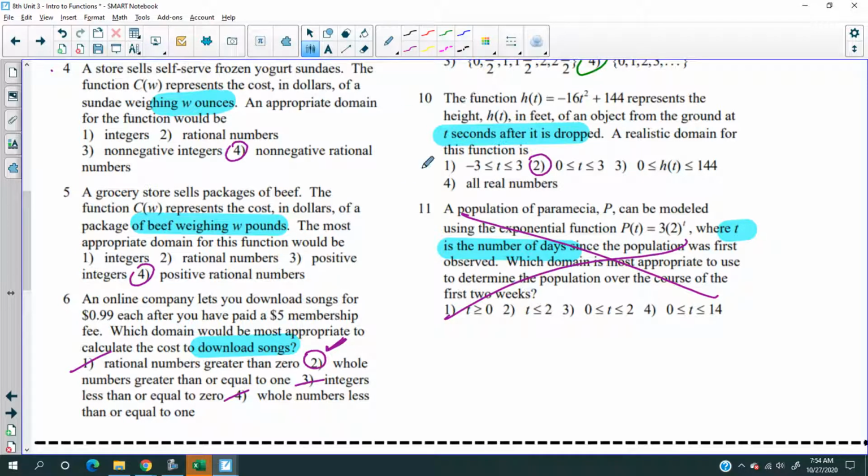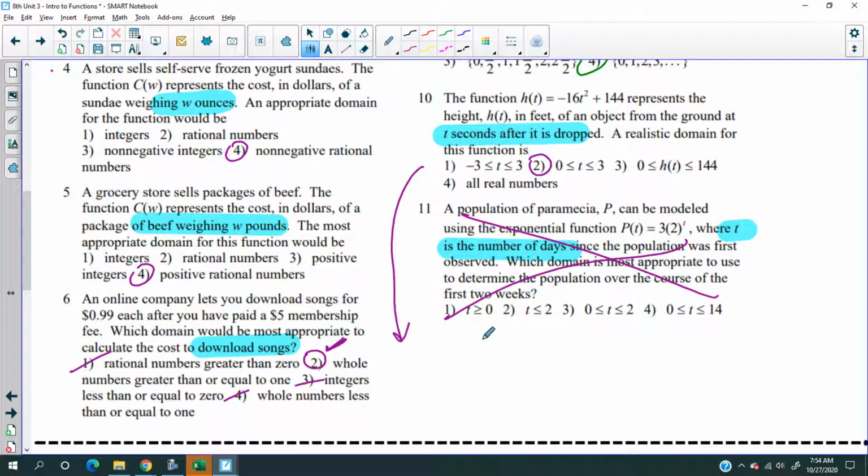10, I want to go over that. And then, as you already know, I've got to edit this 11 out because we're not ready for exponential functions yet, not till the spring, actually. Now, this one is interesting because you're really just solving for t.